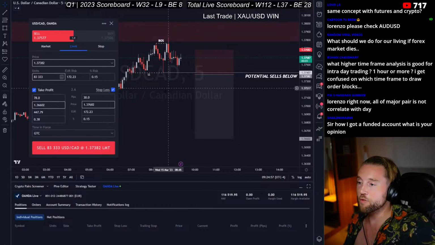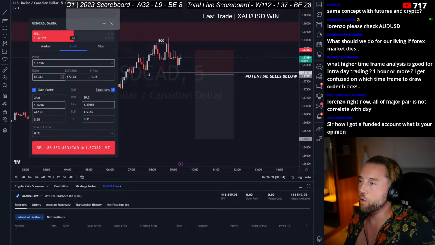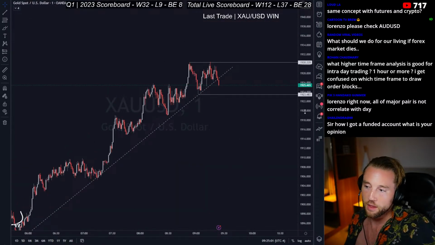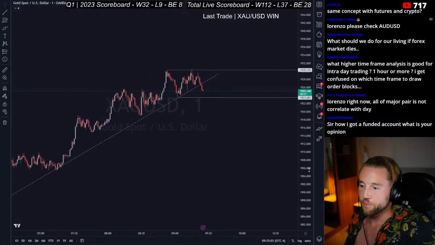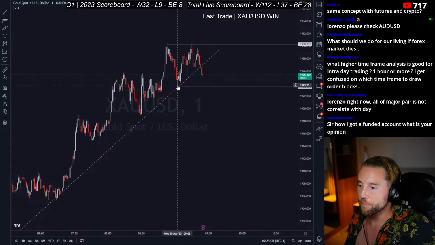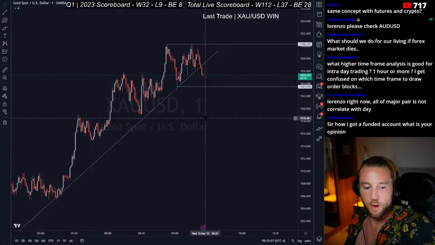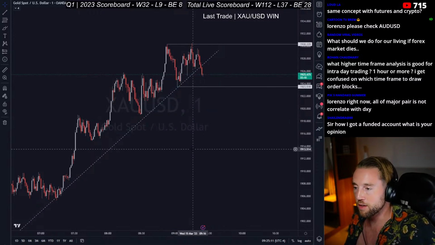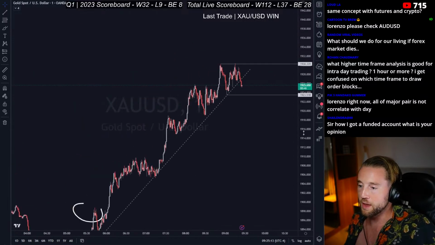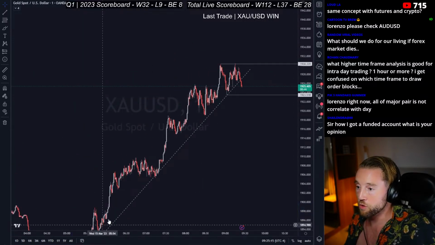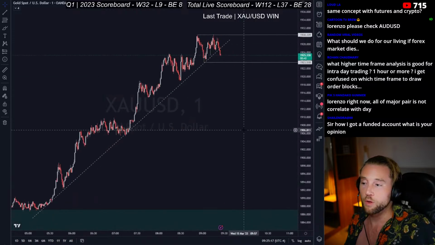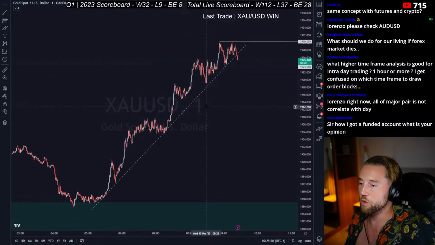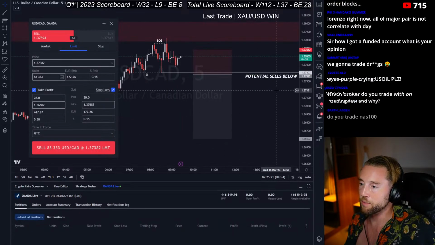If the dollar comes up, of course, this is irrelevant, but then gold is more interesting. All right, there we go. We have 5 more minutes, guys, till the open of the New York Stock Exchange. Could that be a catalyst for gold to come down or just to move further up? Who knows? This could be interesting here.